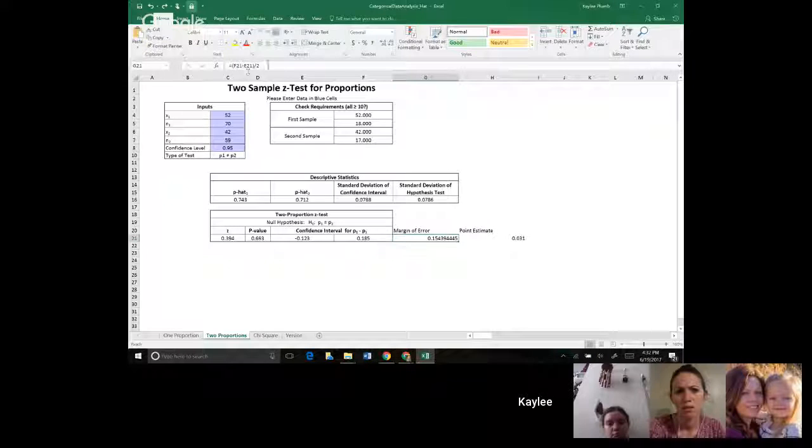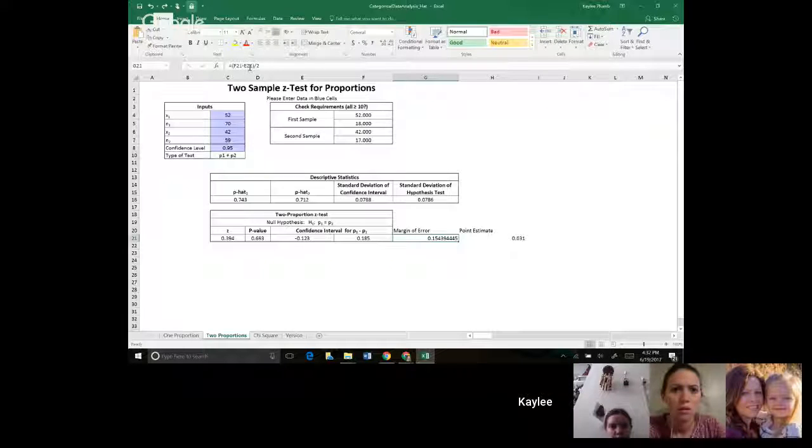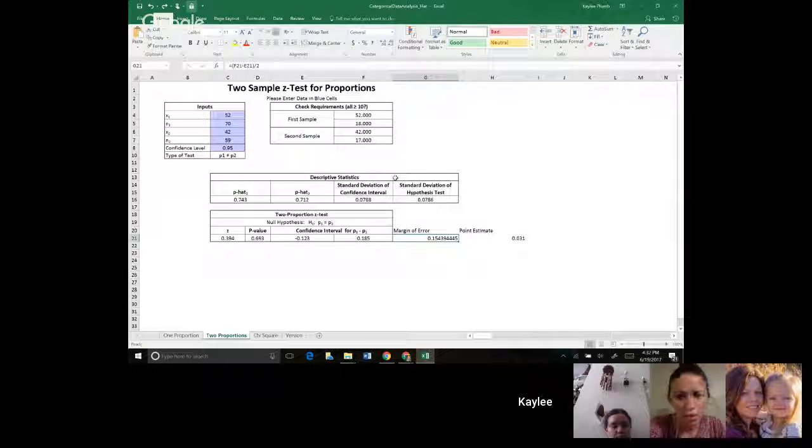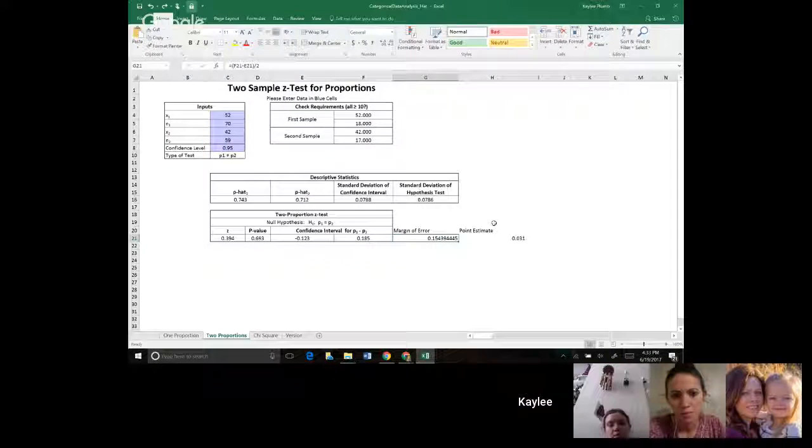That's why, if you look at my screen share, I did minus and then just inserted the cell. So if you just do F21 minus E21 divided by 2, that's going to be the margin of error.